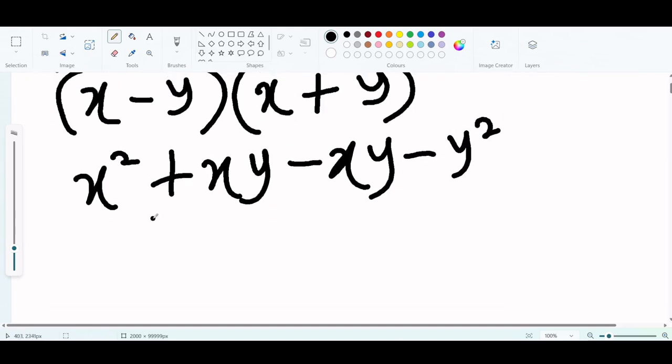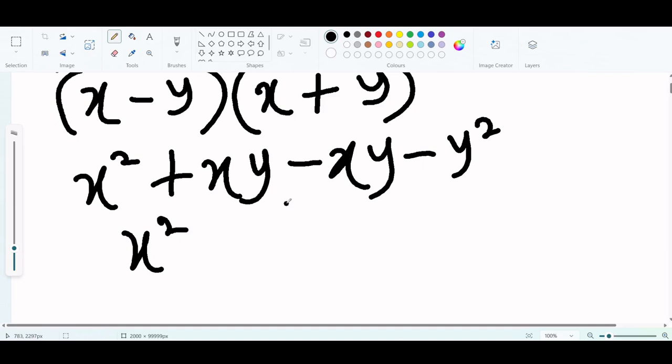Okay, now at this point, this is x squared, now minus xy plus xy minus xy. What is that going to give us? Just like when we say 2 minus 2, what is going to give you the answer? 2 minus 2 will be 0, right? 1 minus 1 will be 0. x minus x is going to be 0.